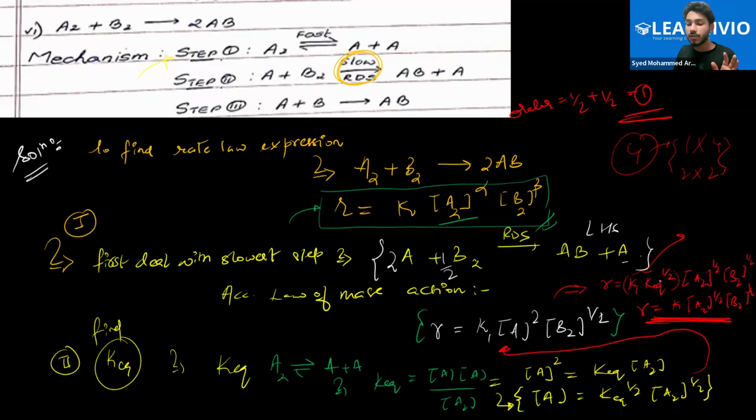After multiplying these two constants, you'll end up getting K. So you do not need to worry about the constants. Constants will automatically adjust themselves. You just have to worry about the powers of the concentrations. You do not need to worry about the constant terms, because they will automatically arrange themselves. Understood? Because these are constant, the values are not going to change, but the values of the concentrations can change, because there are some variables associated with them. So that's why it is happening. Understood?